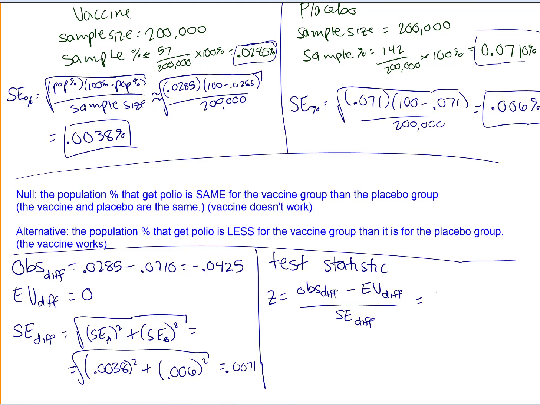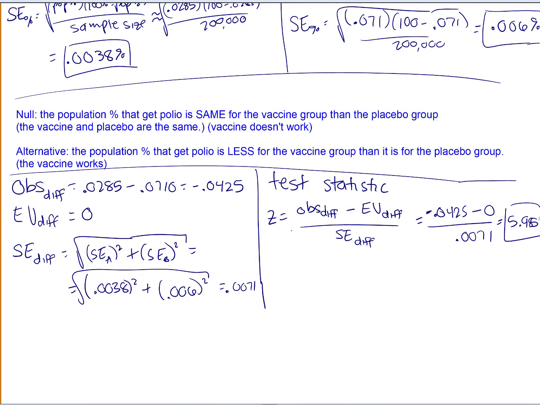Now that we have everything, we can plug it into our test statistic. So our observed is negative 0.0425 minus 0 for our expected over 0.0071. This is going to be 5.985. That's my test statistic. So we were almost 6 standard errors away. That's going to be pretty surprising.